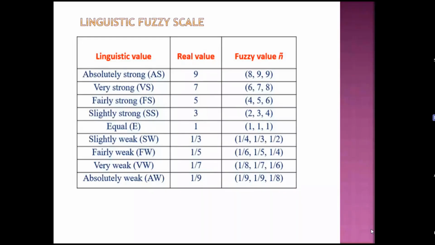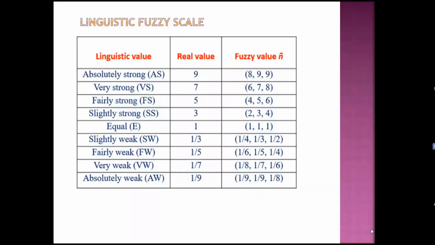If someone says there is absolutely strong importance of a factor, then it can be 9, or it can be 8, or it can be 9 in between these two values. So this relation has three optional values.